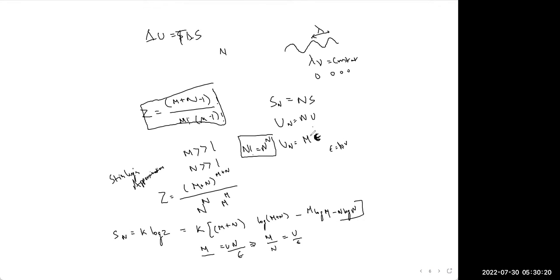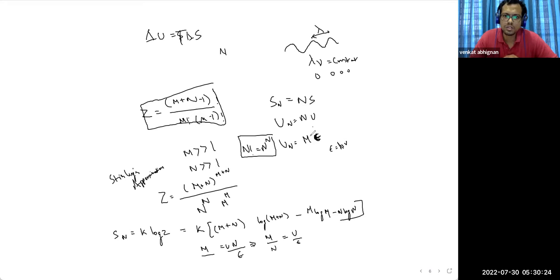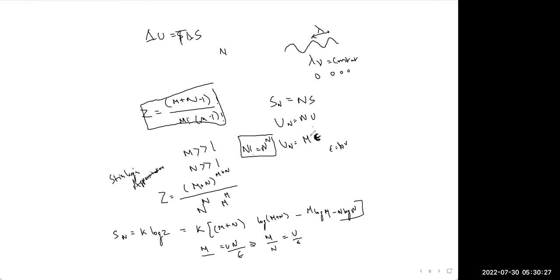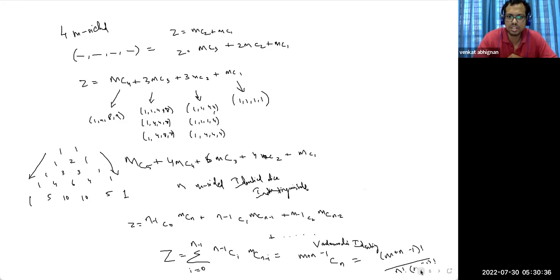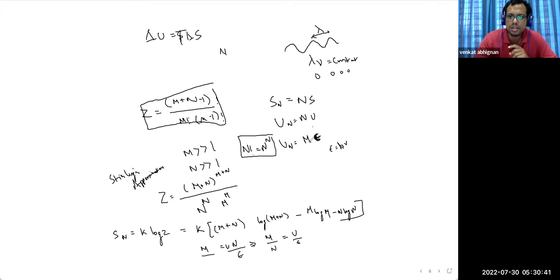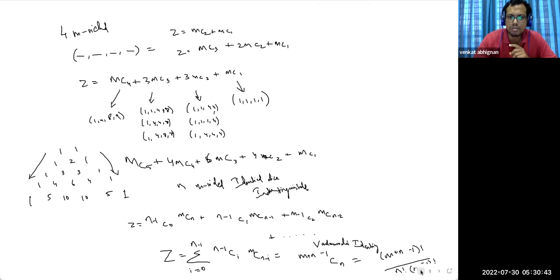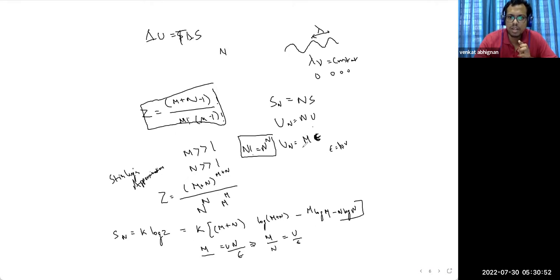So we should be able to connect N and M in this definition to the dice and the number of sites, right? Number of dice and number of sites. I'm not saying that the number of sites is that, which is why I differentiate. This is small m and this is capital M, because small m is the number of dice, and there are a lot more small m's, but capital M is the maximum energy possible.